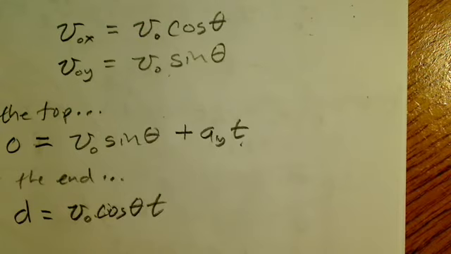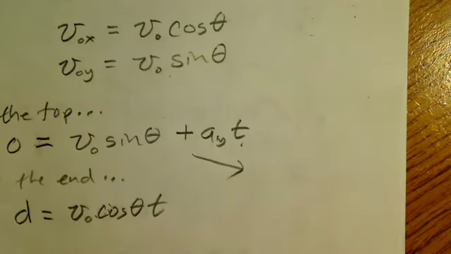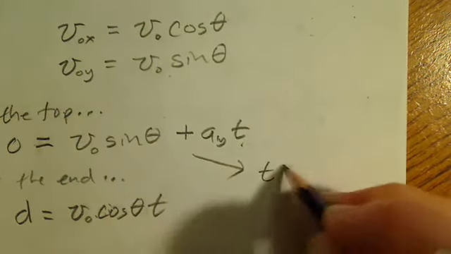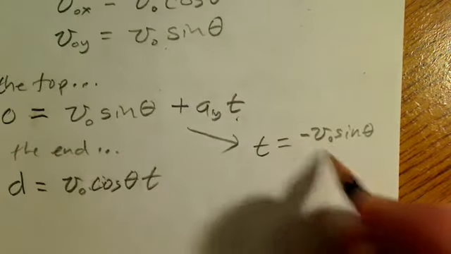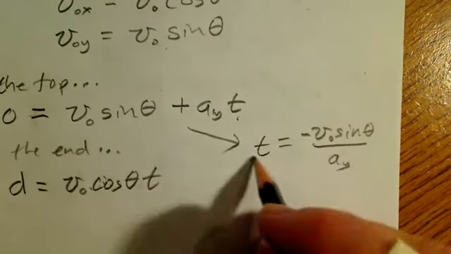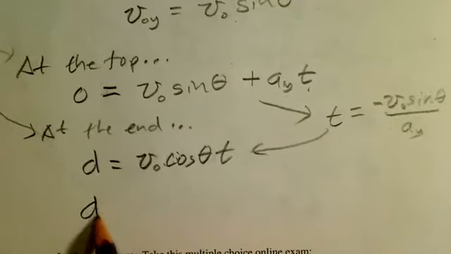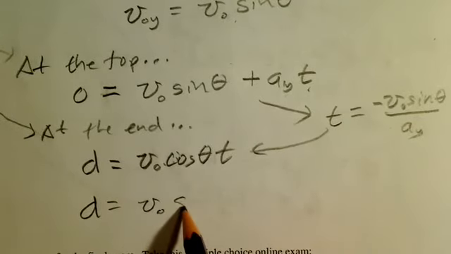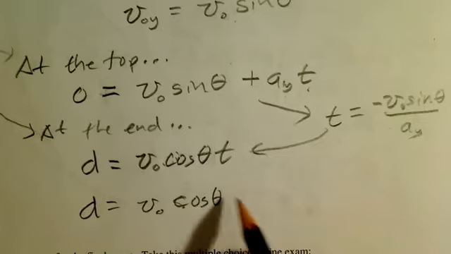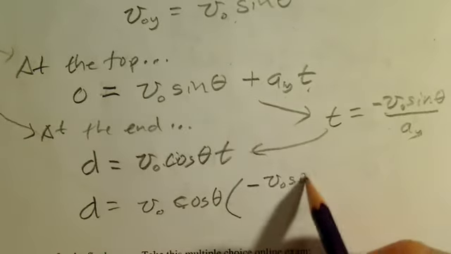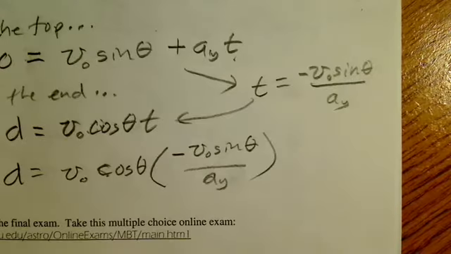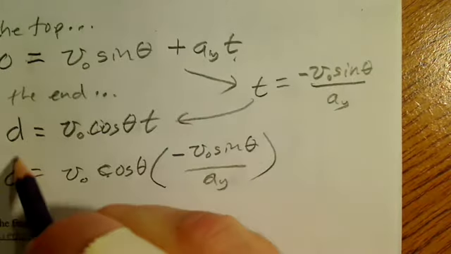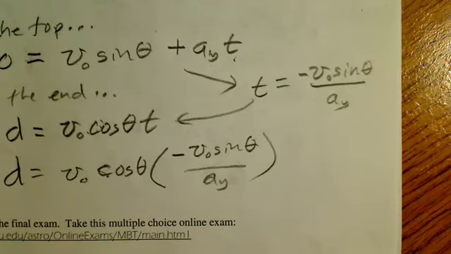Well, on this one, if you simplify by solving for time, you move this to the other side, negative v naught sine of theta, and then you divide by a_y. You substitute that in here, and you get d is equal to v naught times the cosine of theta times negative v naught sine of theta over a_y. Looks kind of difficult, but not really.